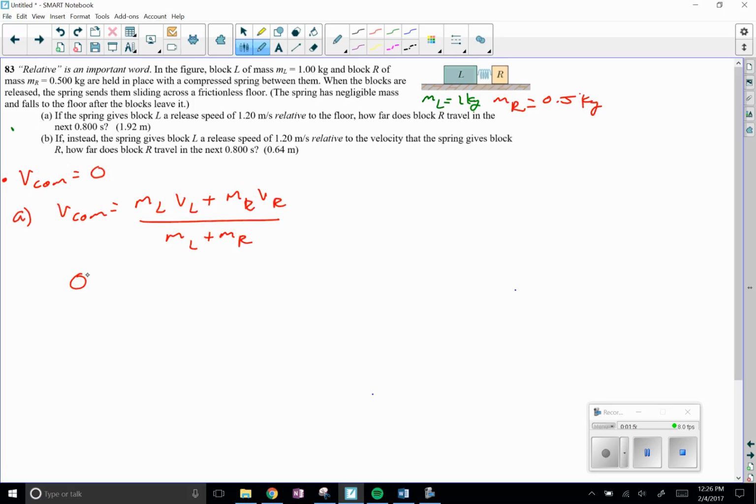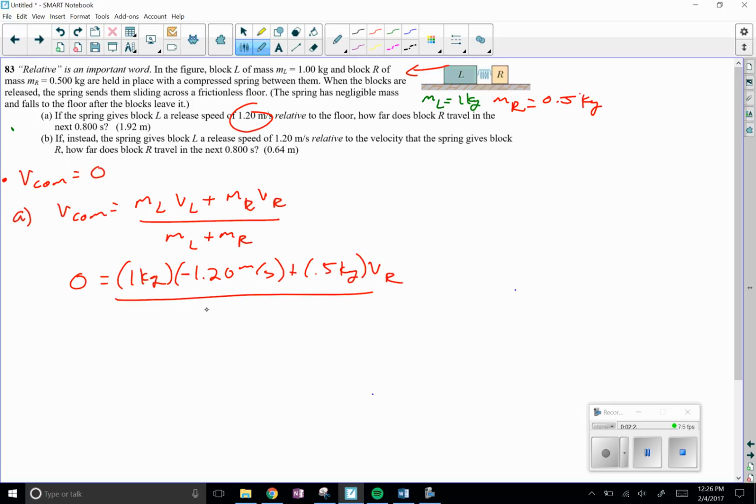So we get 0 equals 1 kilogram times 1.20 meters a second. But notice it's going to go this way, which means I've got to make that negative. Plus the mass of the block on the right, 0.5 kilograms, times the velocity of the block on the right, all over 1.5.